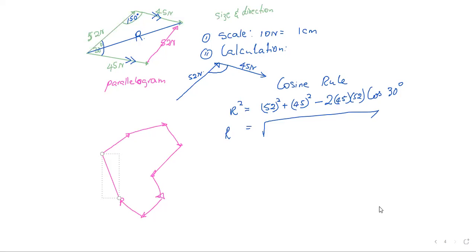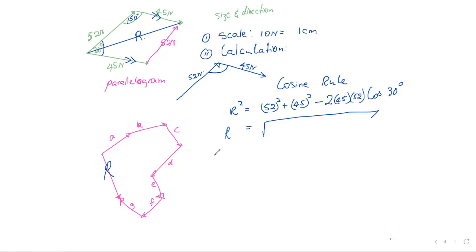By its definition, a resultant vector is a single vector that produces the same effect as the combination of other vectors. I can have vector A, B, C, D, E, F, and G. This will be my resultant vector.